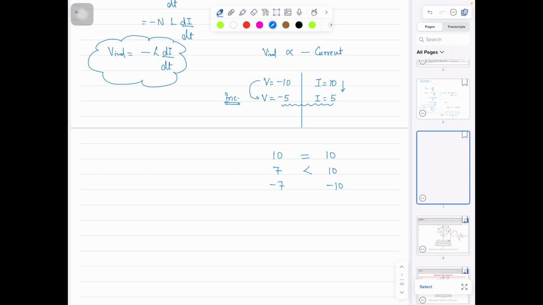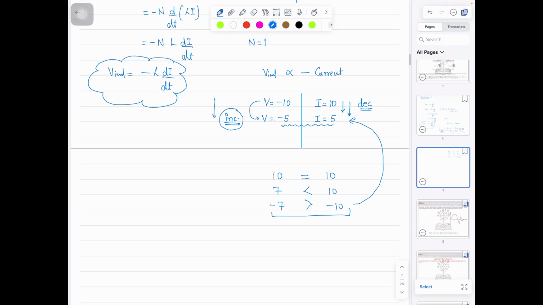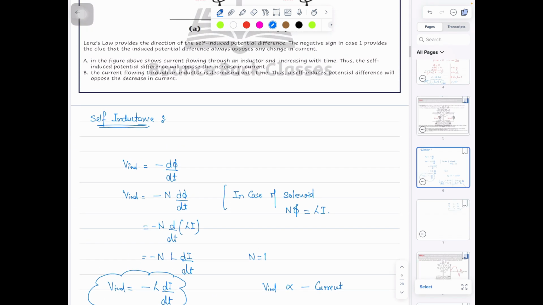Who is greater? Can I say negative 7 is greater? Yes or no? So now you understand this point. If you are moving from 10 to 5 in terms of current, it means this is decreasing. But if you are moving from negative 10 to negative 5, it means you are increasing. Is it fine?